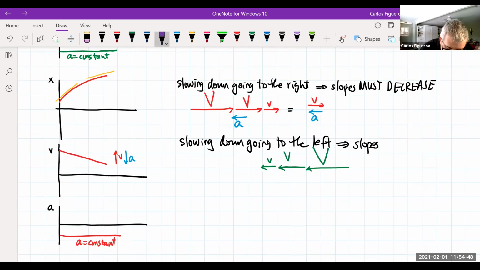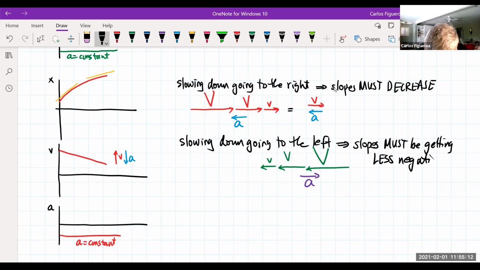And this is because now my acceleration is in the opposite direction. So the slopes must be getting what? They must be getting less negative. In other words, they must be getting more positive, if I could say this.